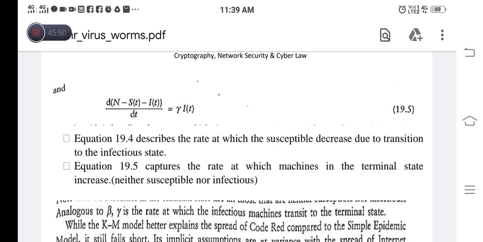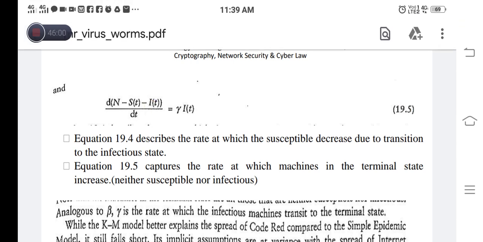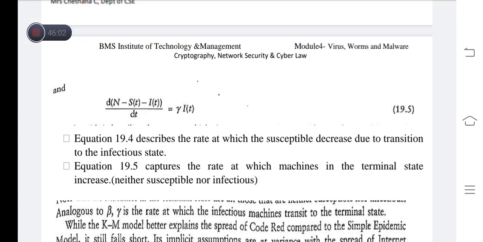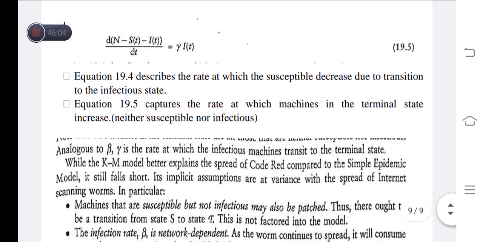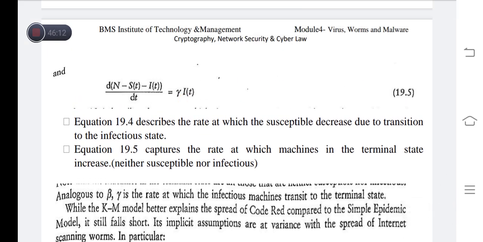So obviously the number of machines in the terminal state will increase, and that rate is given by equation 19.5. Gamma, what we see here in equation 19.5, is the rate at which the infectious machines transit to the terminal state, analogous to beta.